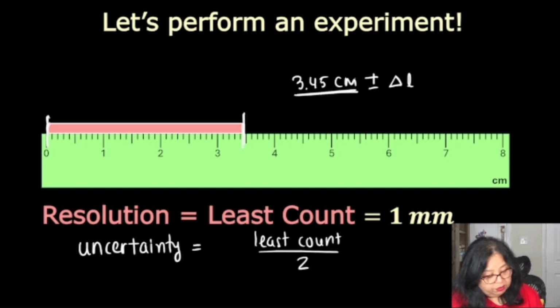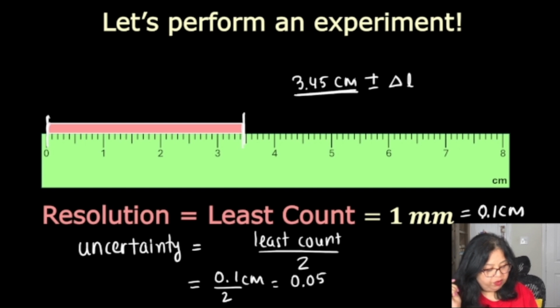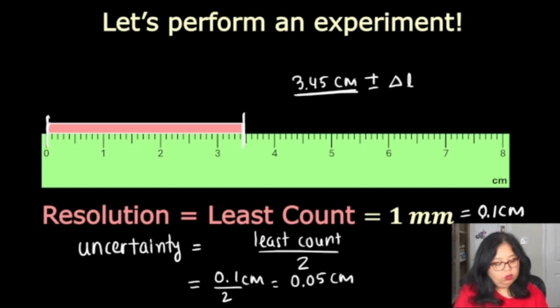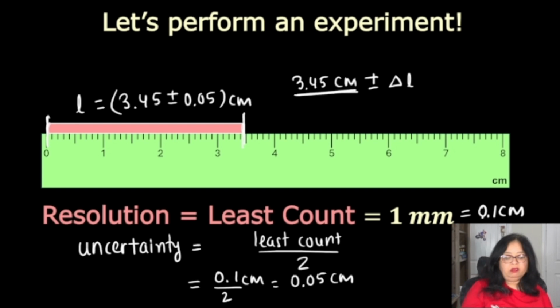Now the least count here is 1 millimeter. 1 millimeter equals 0.1 centimeter. To find the uncertainty, you divide 0.1 centimeter by 2 and you get 0.05 centimeters. So the answer for the length of the rod will be 3.45 plus minus 0.05 centimeters. Now what does this mean?